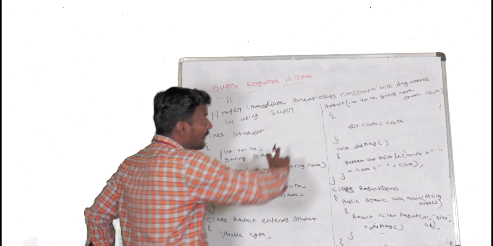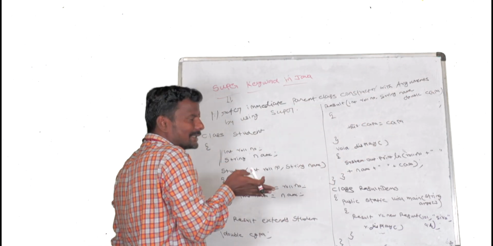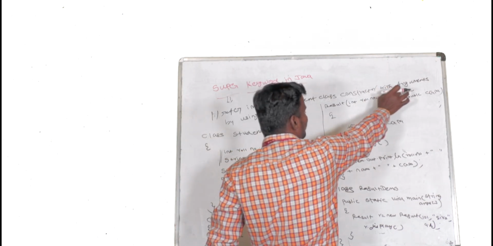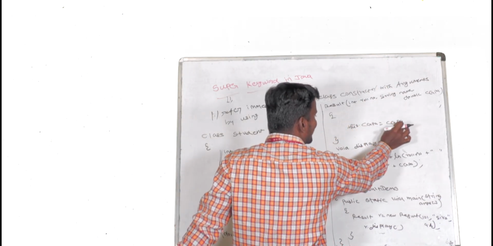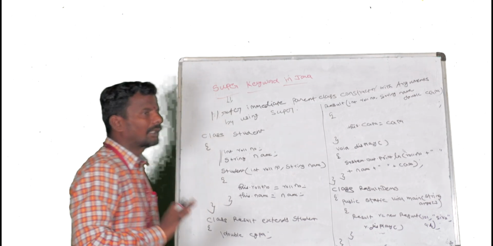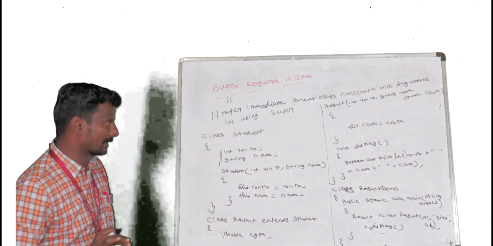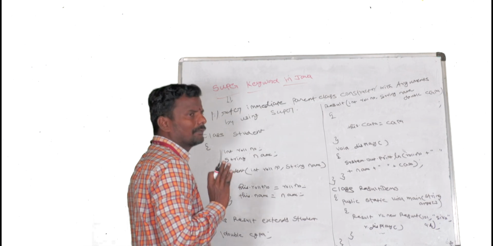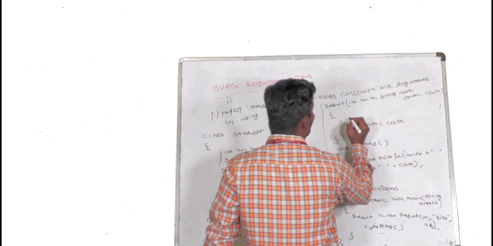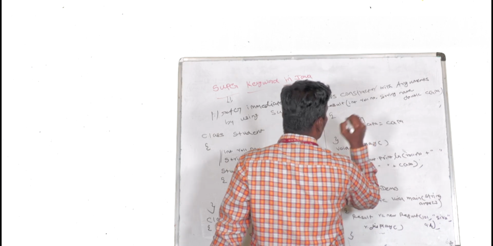But here we are passing some parameters. The constructor's role is to initialize values for the variables, but if we initialize only one variable, CGPA, and not the remaining two, it will immediately throw a compilation error. So we have to overcome that problem. We have to use the keyword super.